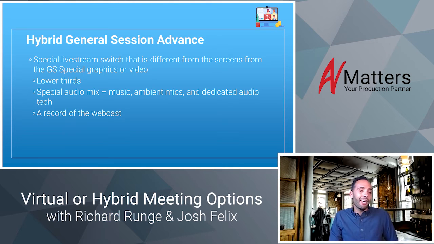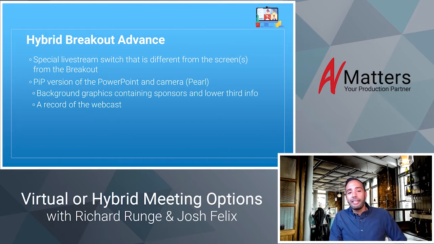In most cases, additional audio is needed, like ambient mics, special background music, and a custom audio mix just for the streaming. Now, a more advanced breakout is very similar to the general session, but we have more of an all-in-one solution with a picture-in-picture style layout with branding and session information placed on a background slide behind the picture-in-picture windows.